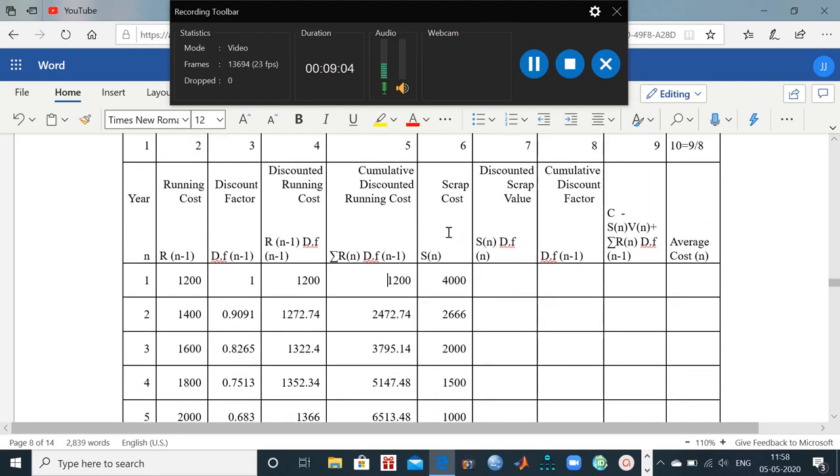In order to discount the scrap value if required, you can have another column which is 6A, which is between the 6th and the 7th column. That column, 6A, would be the discount factor for the scrap value or scrap cost. Okay, let's call it scrap value.